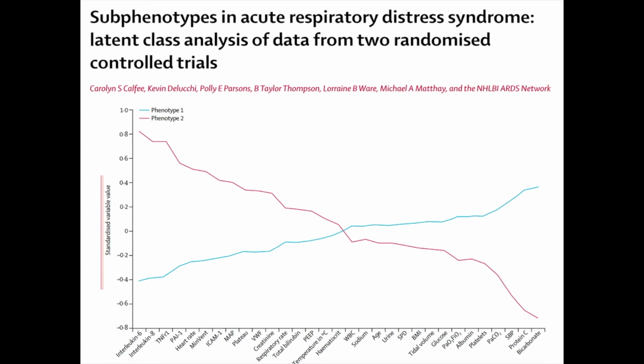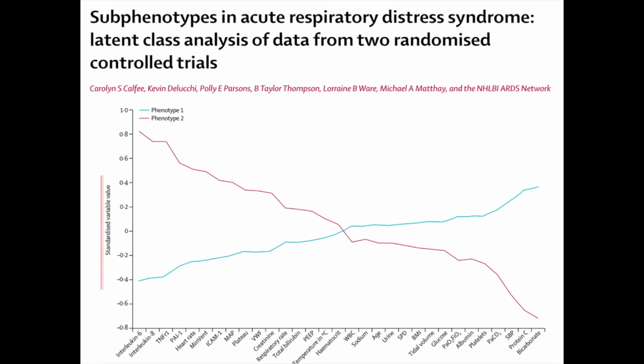In phenotype 1, you have lower inflammation and better lung parameters, while in phenotype 2, you have a higher rate of inflammation and worse lung parameters, which means that phenotype 2 is a more severe disease process, which is called the hyperinflammatory ARDS, and phenotype 1 is the hypoinflammatory ARDS.